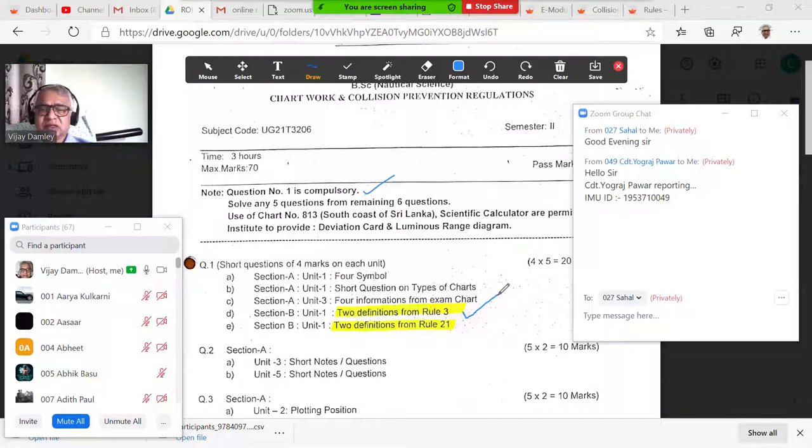And one way or the other, in interviews and all, these questions are asked. This is something, I don't know, good or bad for you all, but ROR has been there for a very long time. It came into force more or less with small changes. This version of 41 rules was 38 rules till about 2-3 years ago.